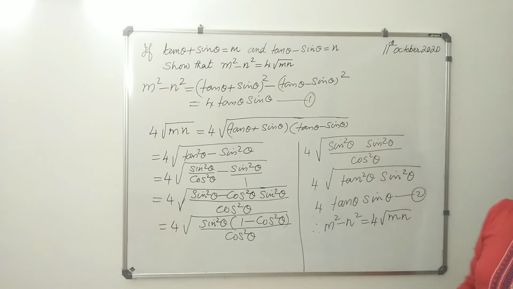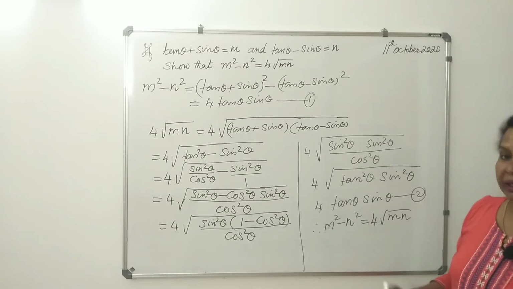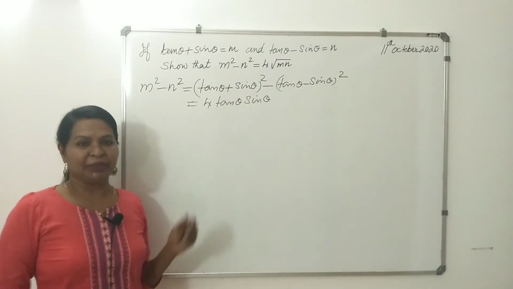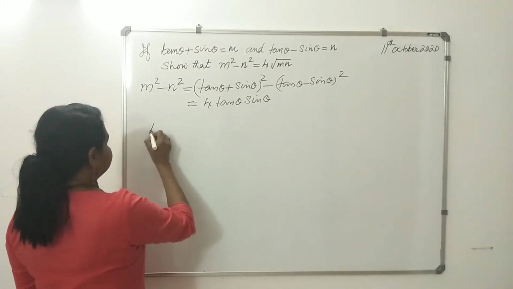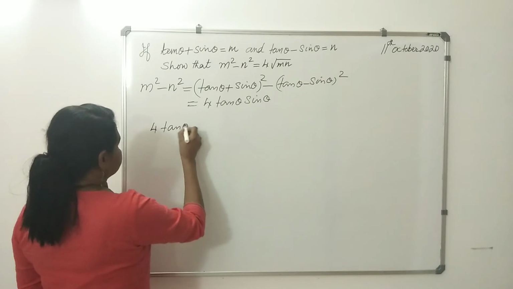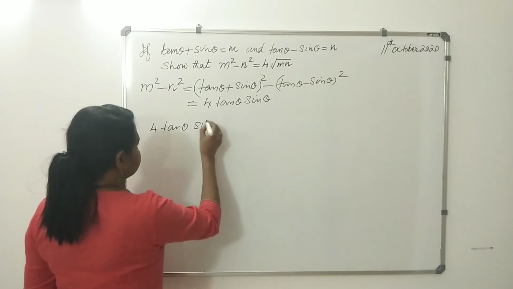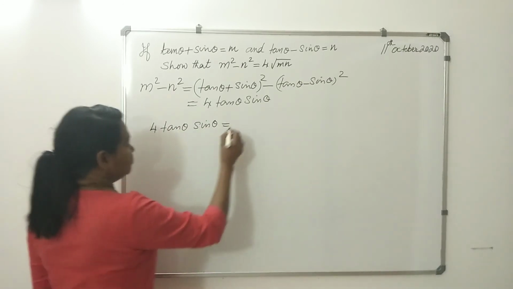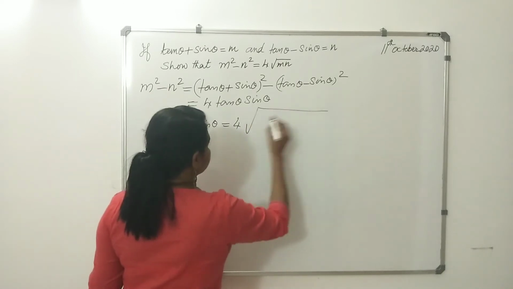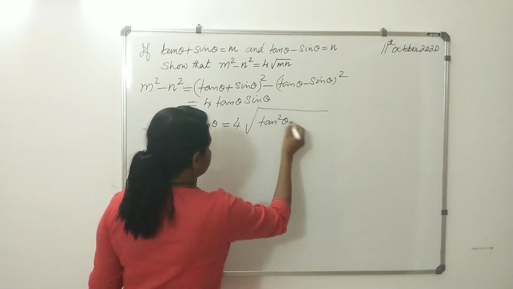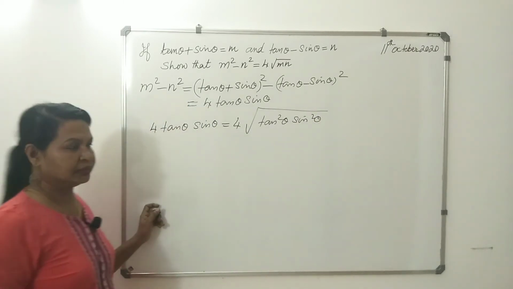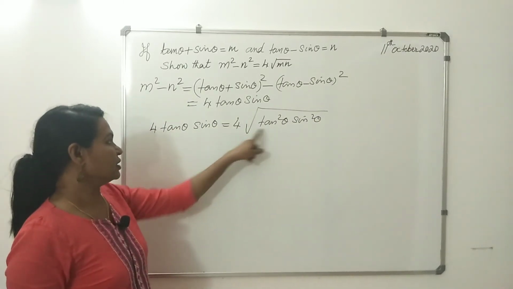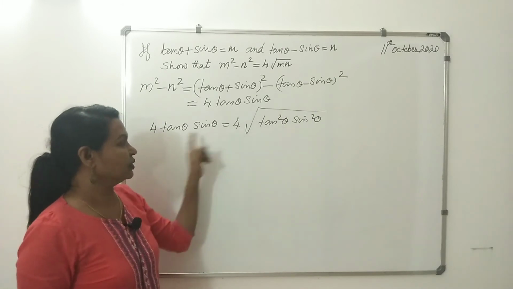Okay. And this can be done in another method. See, the second method is, you take 4 tan theta sin theta. That is equal to 4 into square root of tan square theta sin square theta. Okay. We know the square root of tan square theta is tan theta and sin square theta is sin theta.